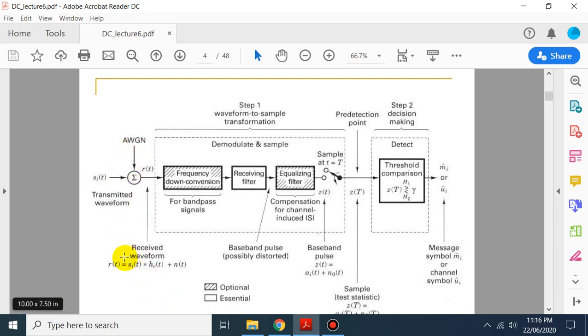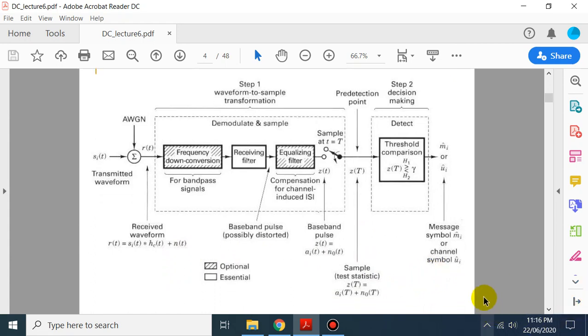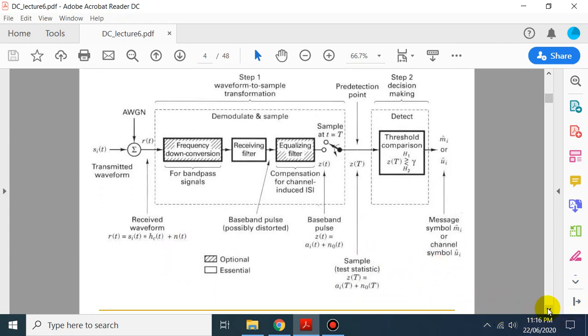So the mathematical representation of the channel noise and the transmitted waveform is represented like this: r(t) is equal to s_i(t) convolved with h_c(t), the channel response, plus n(t). Okay, now we are going to move on to another topic.